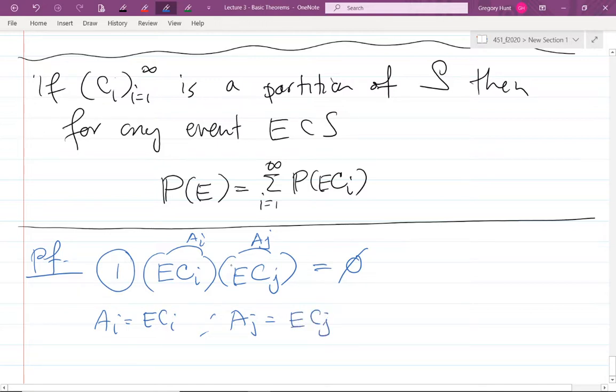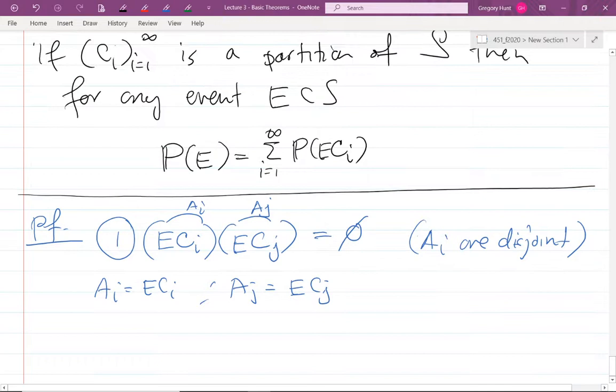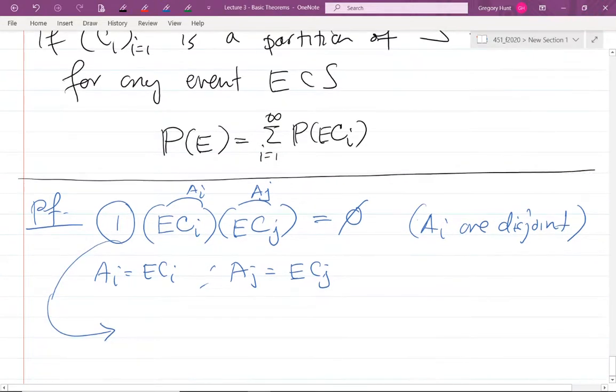The intersection between these is empty. That is, the A_i are disjoint. Why is that true? I can just tell you why it's true. This is E C_i, E C_j. That's the same thing as E C_i C_j. This is empty because the C's are a partition, and so the whole thing is empty.